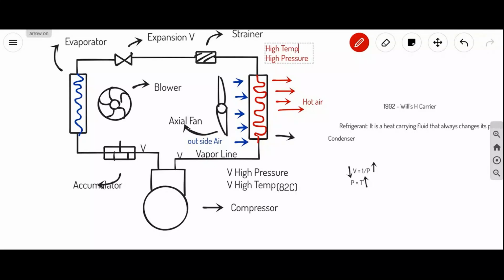Now the temperature is around 49 degrees centigrade.